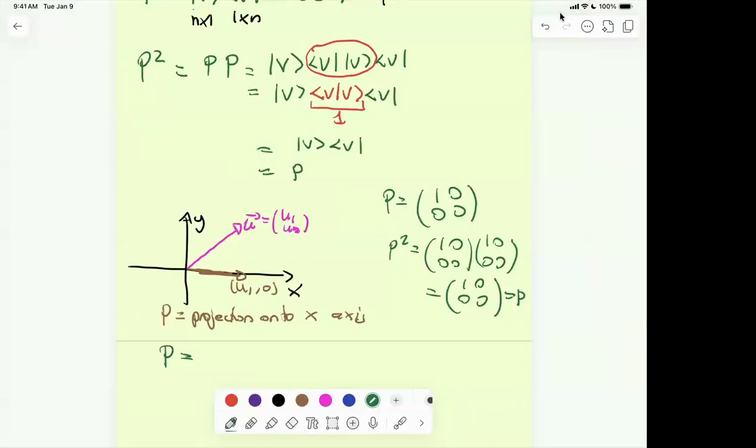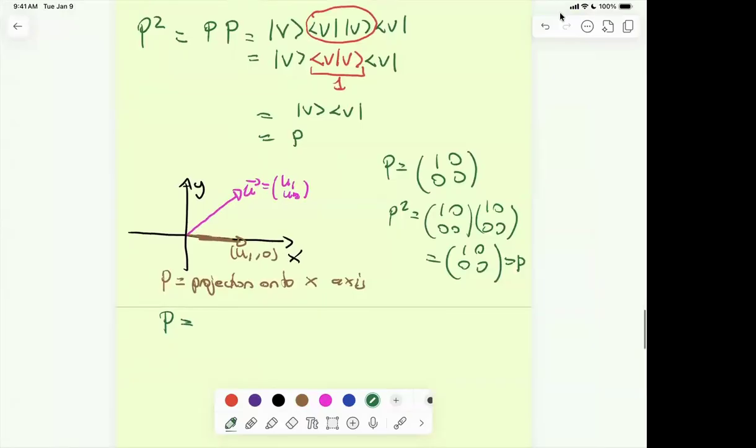Yeah, you do have to use the fact that it had length one. So, if you wanted to, this is E1, where E1 is 1, 0, right? So if you project it on the x-axis and you keep projecting the projection on the x-axis, you get the same. Yeah.